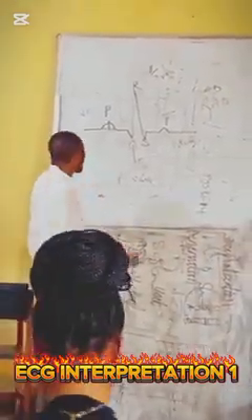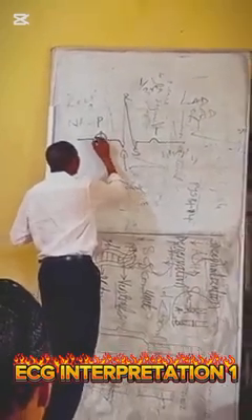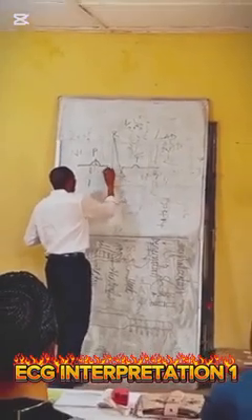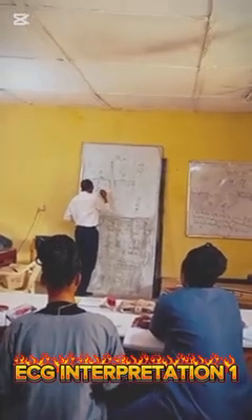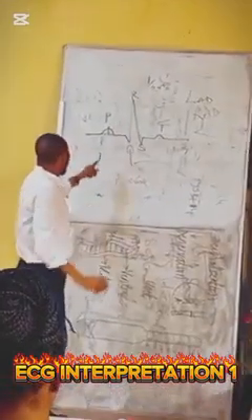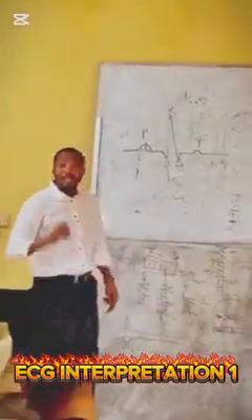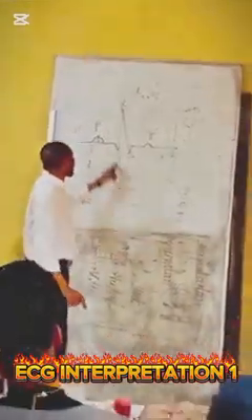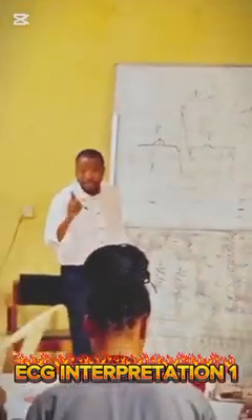That will take us to the PR interval. The PR interval is the onset of atrial depolarization to the beginning of ventricular depolarization.